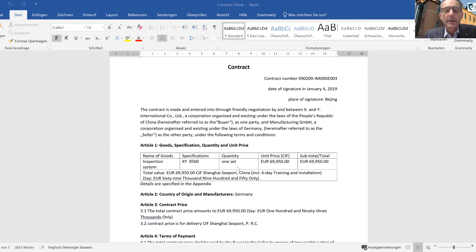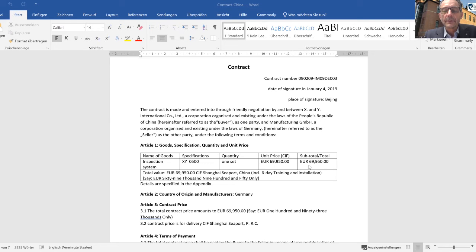It's one set at a unit price of 69,950. And if you remember my part of the lecture concerning Incoterms, you see here, Incoterms are firstly named here: CIF, cost, insurance, freight.